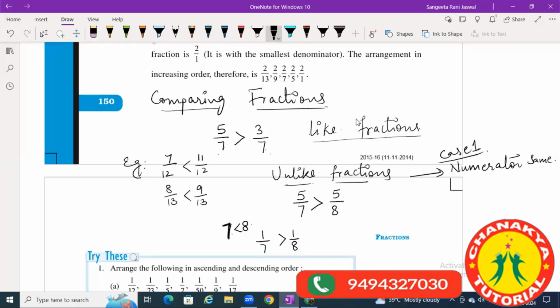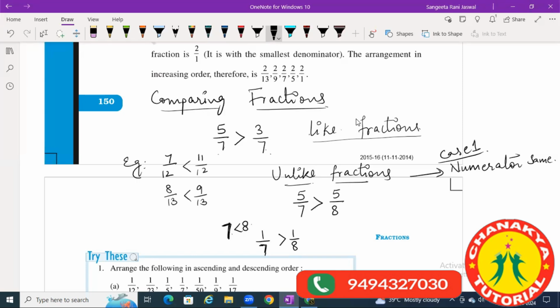So when we take their reciprocals, 1 by 7 and 1 by 8, in case of fractions, the number with the smaller denominator becomes greater. So this is also a case of same numerator, 1 and 1. So the fraction with the smaller denominator is greater.